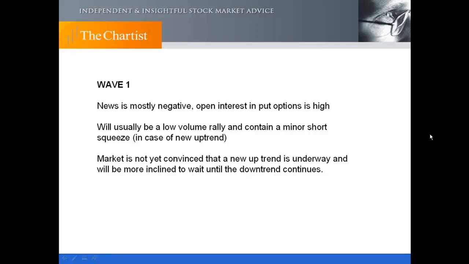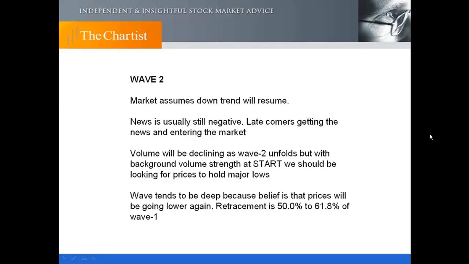The market at this stage is still not yet convinced that a new uptrend is underway and will be more inclined to wait until the downtrend continues. So usually we tend to get very short, sharp short squeezes, and that can be quite nasty to trade. But at the end of the day, people aren't convinced, and this is when we start to think about this higher swing low pattern that we've talked about before.